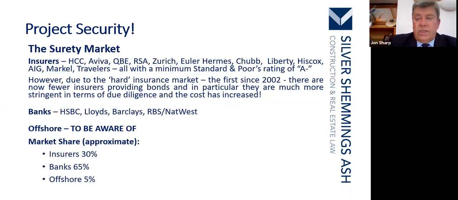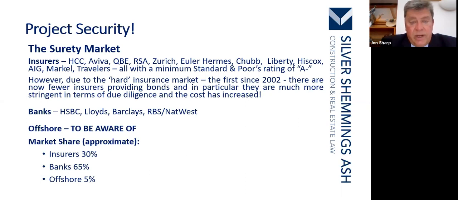that. Now, the surety market broadly divides into two areas. Insurers, well, yes, I know, I nearly swore there by saying insurers. HCC, Aviva, QBE, RSA, Zurich, Euler Hermes, Chubb, Liberty, Hiscox, AIG, Markel Travellers.